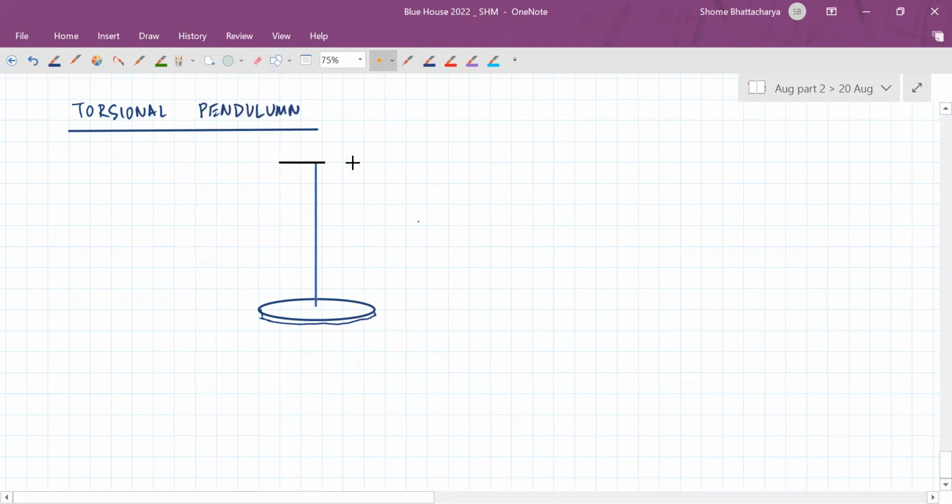So that is a property of any material actually. If you twist it, it tends to restore back. But the torsional wire has a property that when you twist it, it applies a restorative torque which is proportional to the angular twist. Okay.